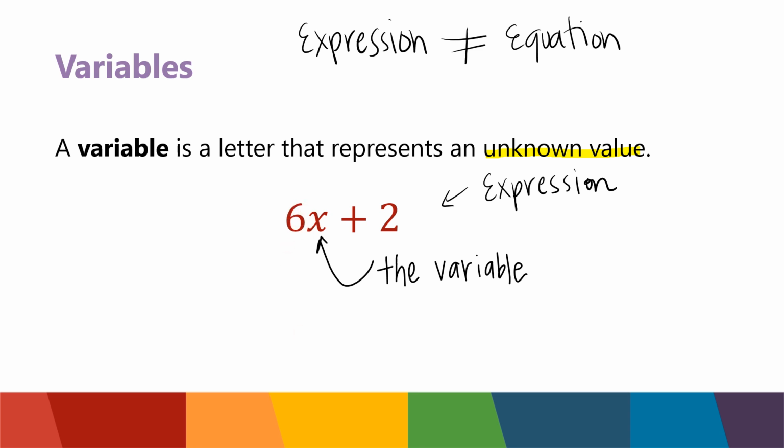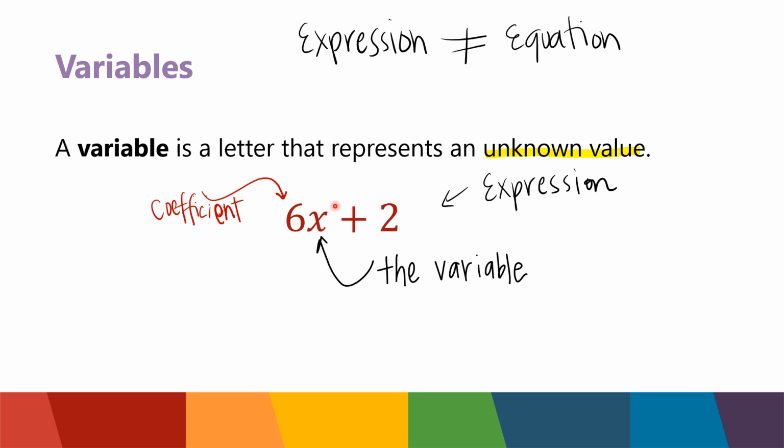The coefficient is just the number in front of a variable. That says "coefficient," my handwriting was kind of sloppy there, sorry. There we go. So 6 is our coefficient.